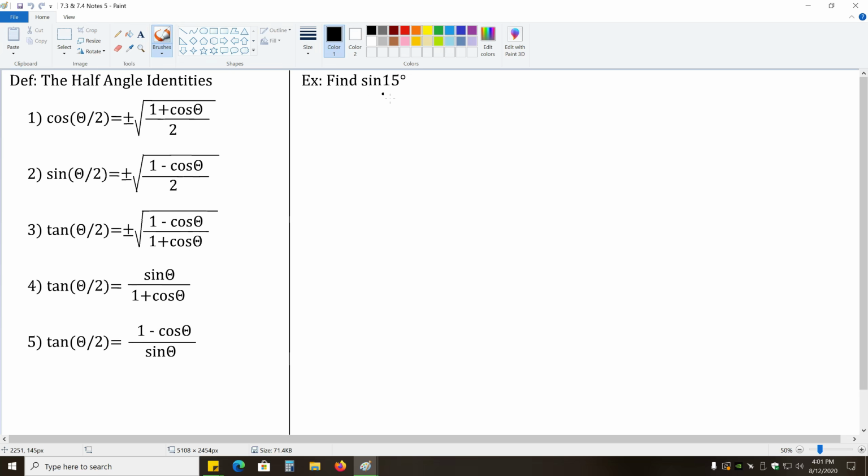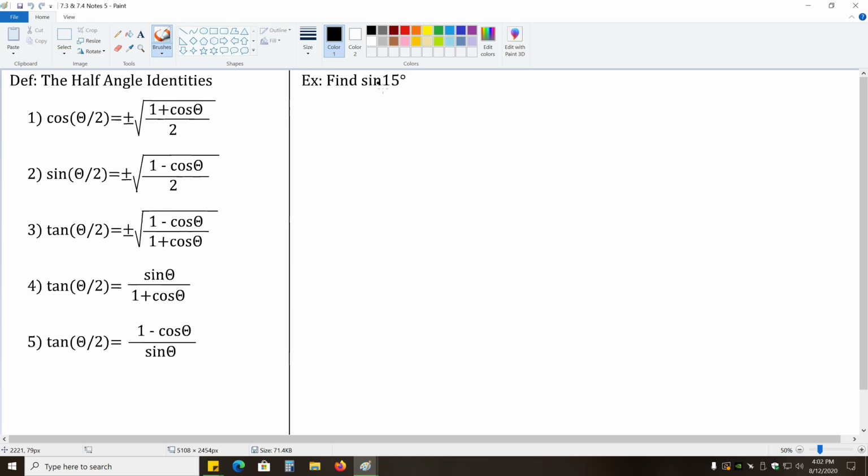And the trick to this is just like when we had these problems in the past with the sum and difference formulas, when we would want to find sine of 15 degrees, we would rewrite this as sine of 45 minus 30, for instance. Well, now we need to rewrite this as a half angle identity.